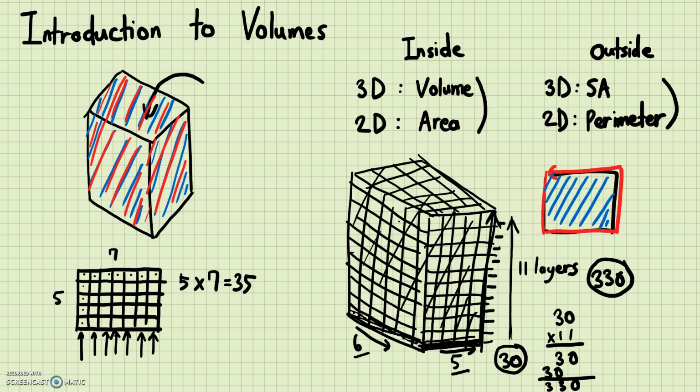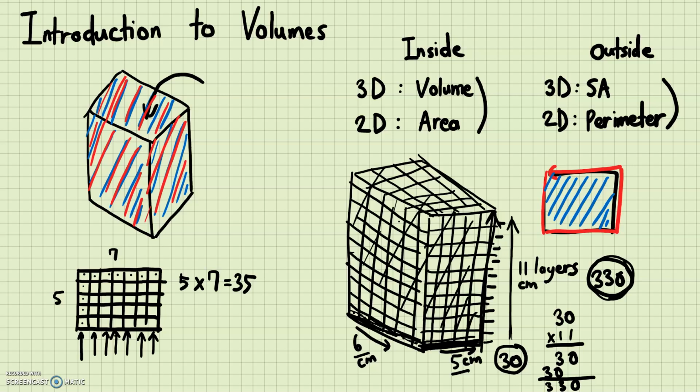Right? And notice that the cubes are inside of the shape, so this tells us how much stuff you can put inside. Also notice something about the units. Let's say this was 6 centimeters, and each cube had a side of 1 centimeter. Then this was 5 centimeters, and this is 11 centimeters.